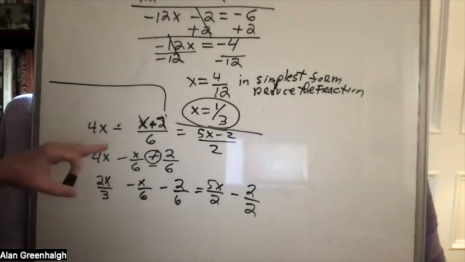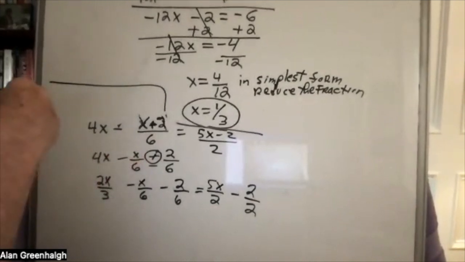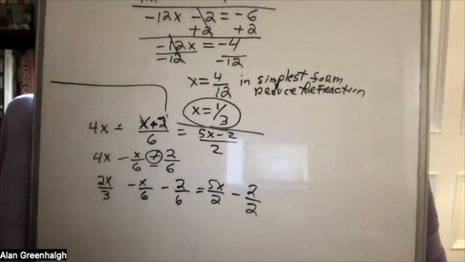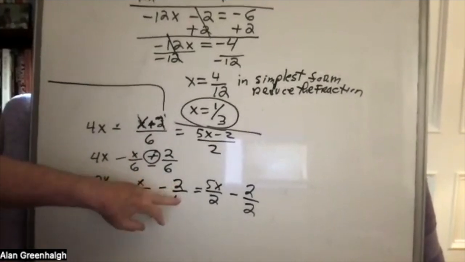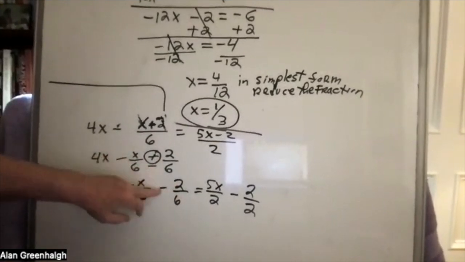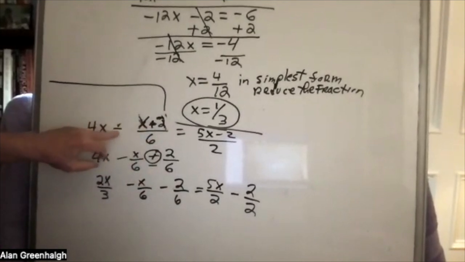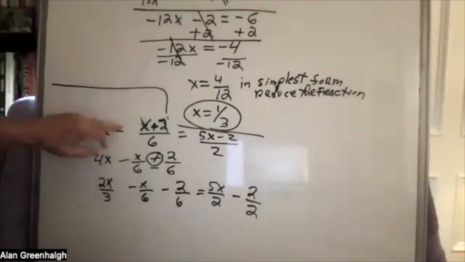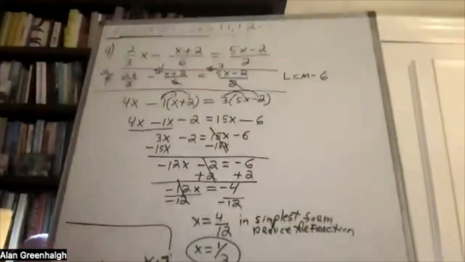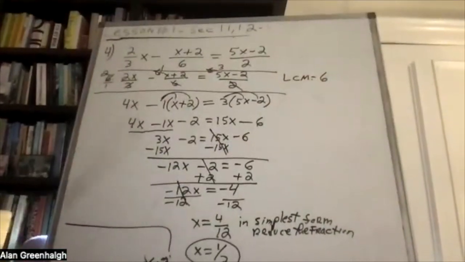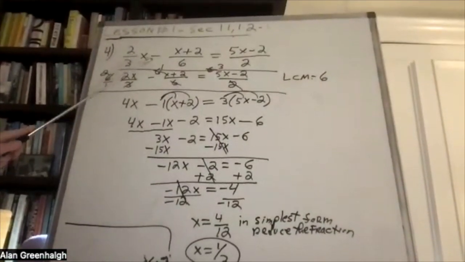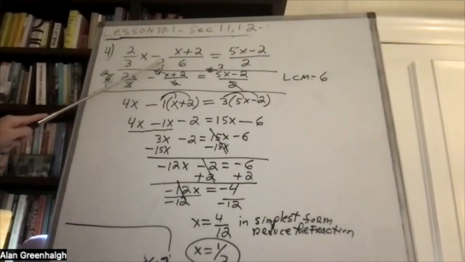But do you understand now why that's not correct? It's okay to make them into separate fractions, but that has to be a negative. That can't stay as a positive, because that negative outside, if you go back to the original problem, I made sure that it was clear that that negative was pretty separate from everything.